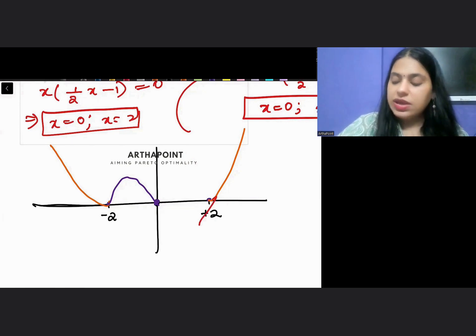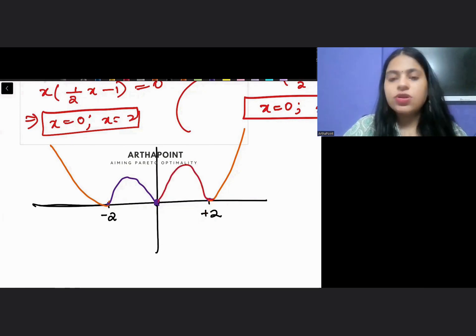That's not possible. It has to be on the positive side only. So we notice that the function takes the value 0 at 3 points: when x is minus 2, when x is 0, and when x is plus 2. At all these 3 points, the function will take the value 0, isn't it?